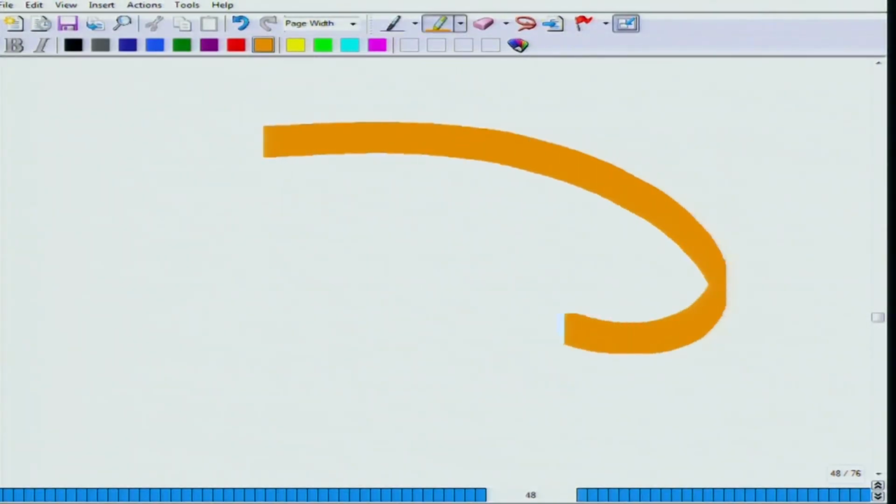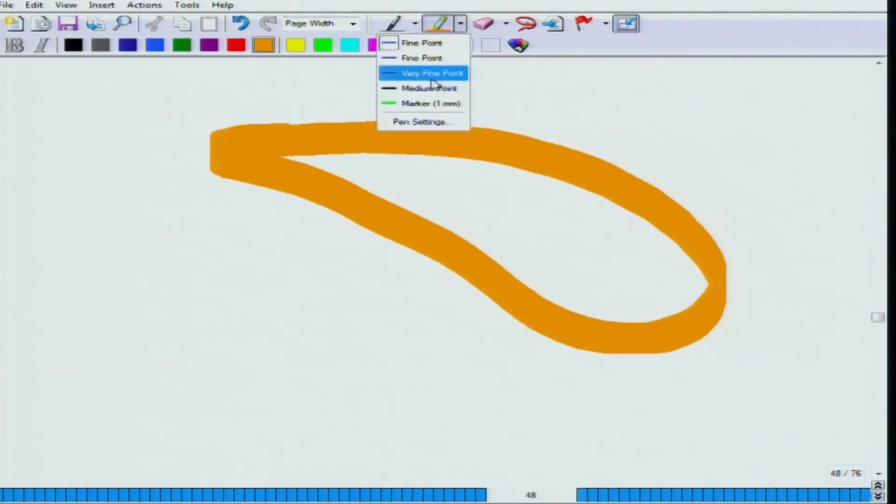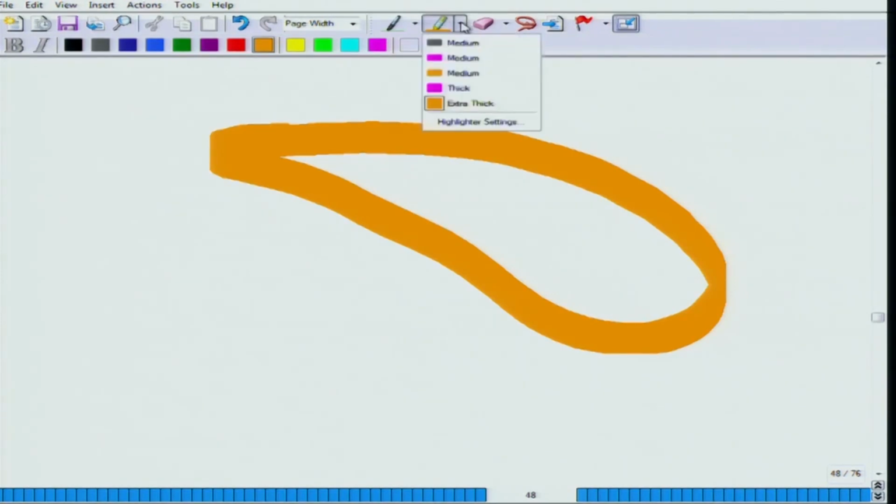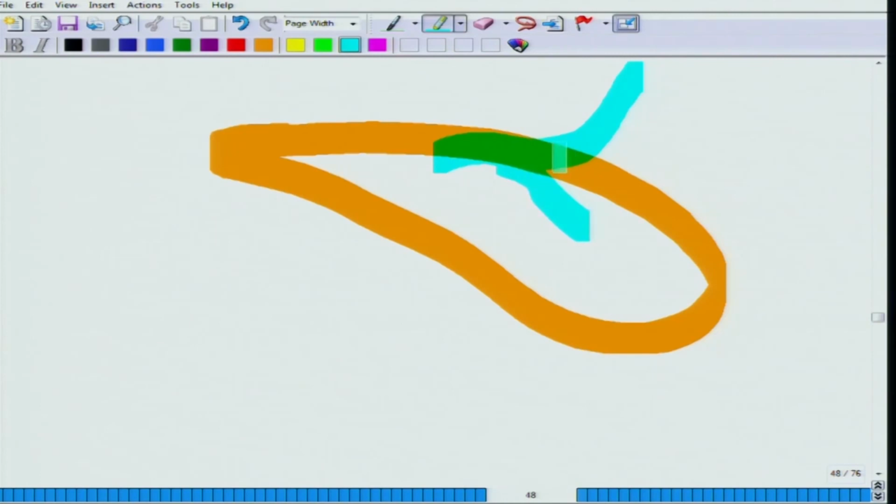So, if this is the structure of the pancreas, it has two sets of innervations which are coming. One set which is, and the other set is like this. This is how this whole thing is being regulated.